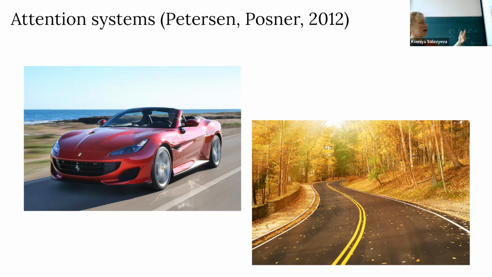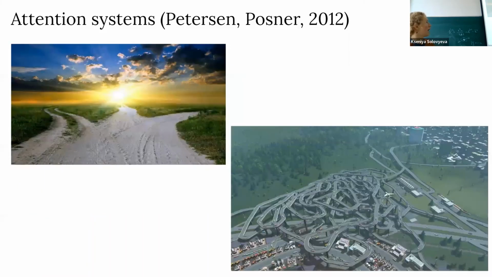And if you can correctly turn left or right, but you haven't got a certain goal, you can't go to a certain place. So your movement will be kind of chaotic. And that's why we need this third system, the executive control system.